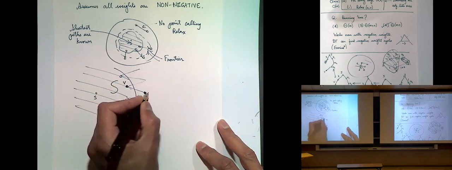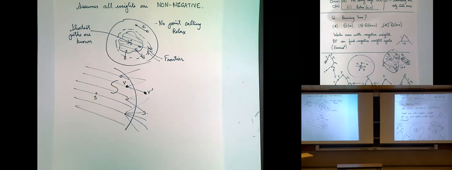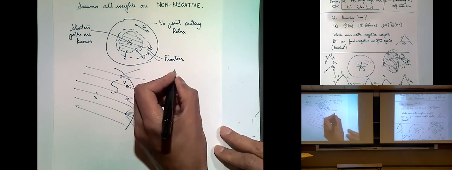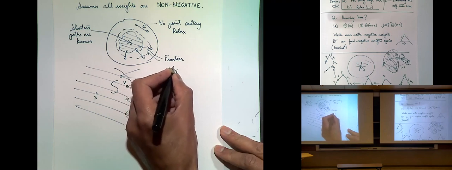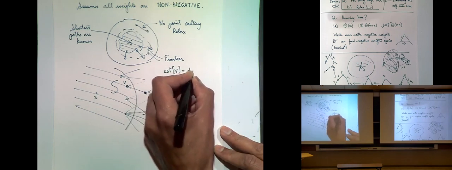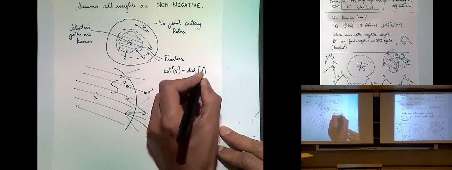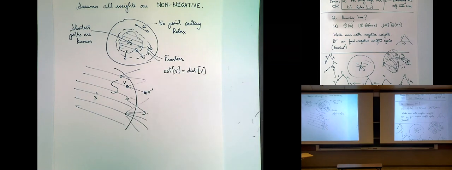So let's look at a V and a V prime here. Now note that inside the S, the estimate and the distance are the same, right? So for V, the estimate of V is equal to the distance of V. This is a thought experiment. I'm just thinking aloud about how I'm going to construct the algorithm.